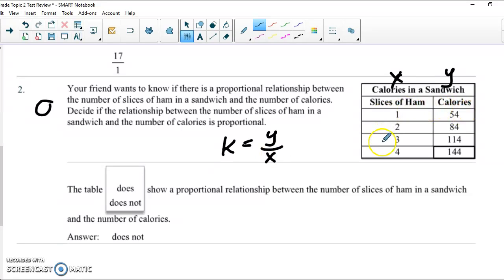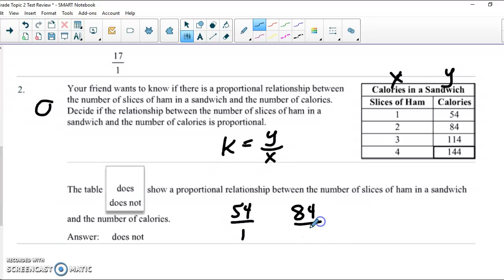I'm going to look at these values in my table and set them up down here. In my first row, I see a Y value of 54 and an X value of 1, so that would be 54 to 1. In my second row, I see a Y value of 84 and an X value of 2.